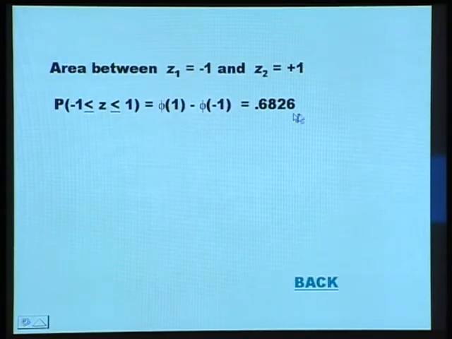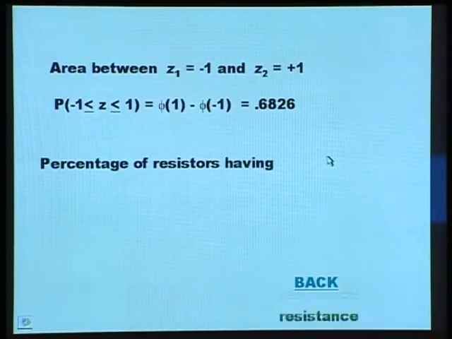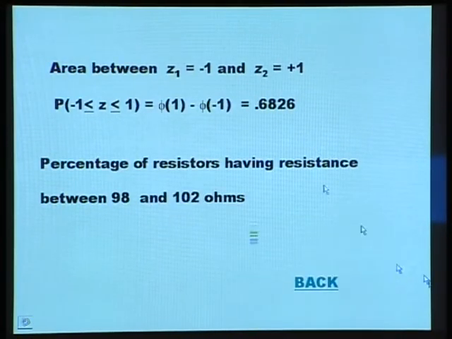Now, another way to interpret this result would be to say that the percentage of resistors having resistance between 98 and 102 ohms is 68.26%. So we have 68.26% of the resistors produced by the manufacturer have value between 98 and 102 ohms.